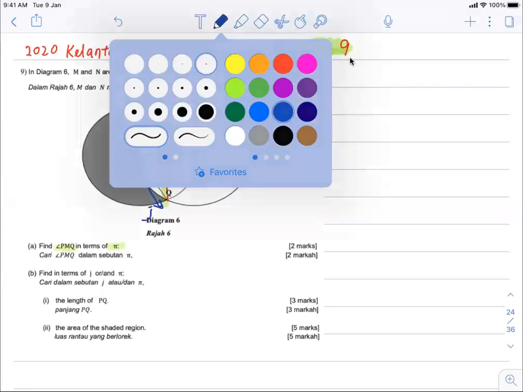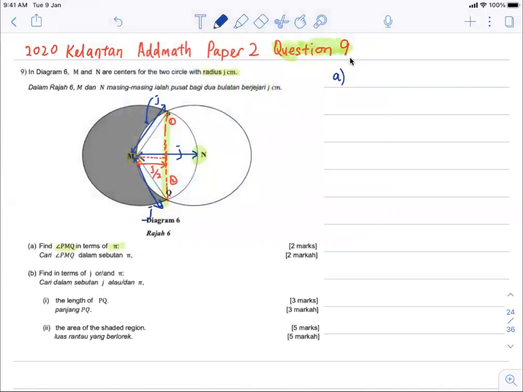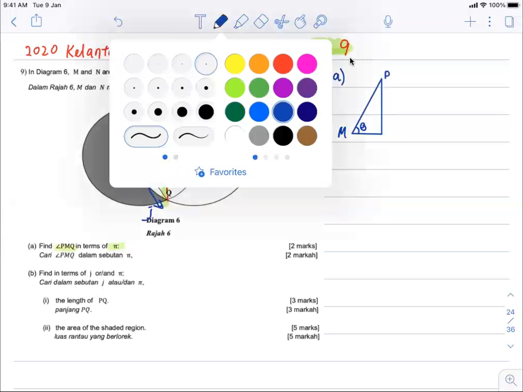Now let us redraw the triangle. This is M, this is P, and we want to find the angle PMQ. We can label this theta.